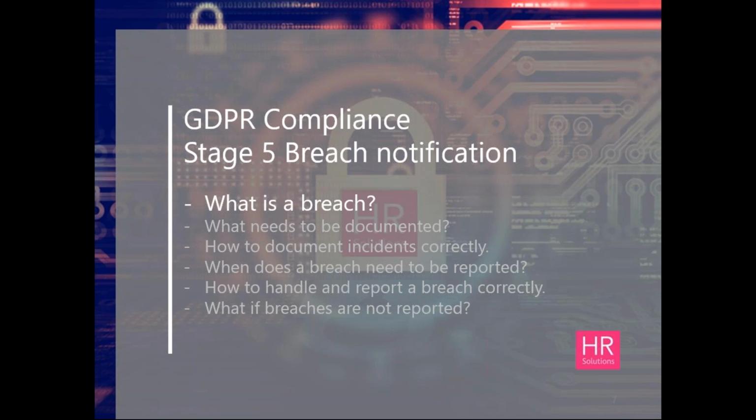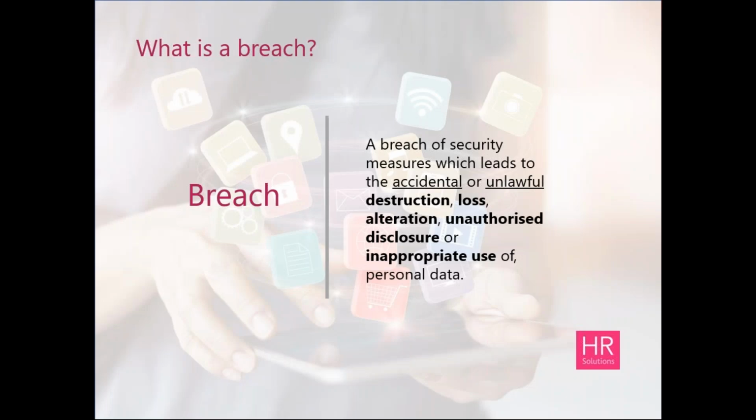So let's start then. What is a breach? It's good to start out with just some clarity. In the context of data protection, a breach is any breach of security measures which leads to the accidental or unlawful destruction, loss, alteration, unauthorized disclosure, or inappropriate use of personal data.